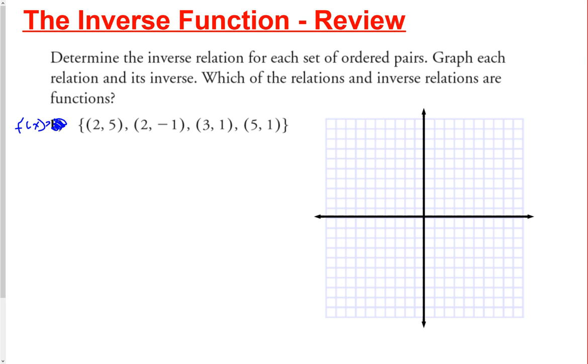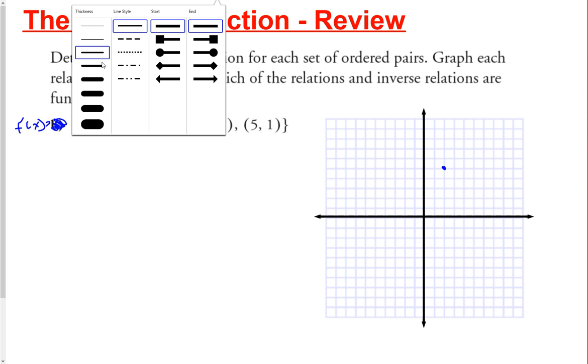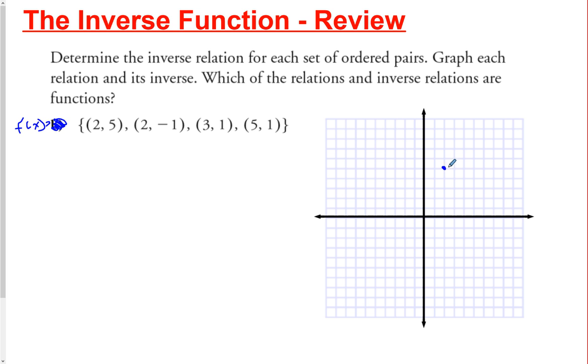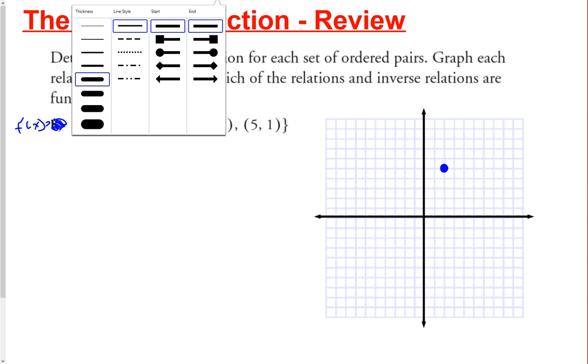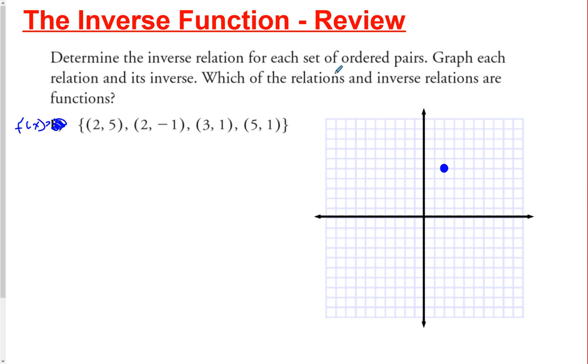Okay, and I'm going to use blue to graph it on the graph here. So we got 2 and 5, 1, 2, 3, 4, 5, so we got one right here. Let's make that pen a little bit bigger. There we go. So we got one right there. Our next one is 2 and -1, so that's going to be right here.